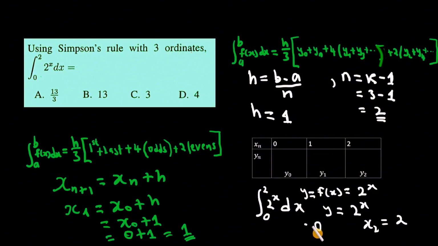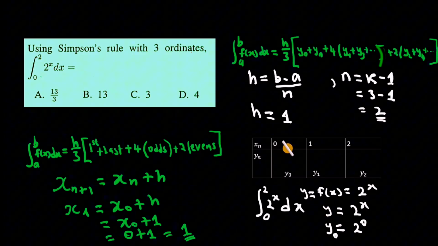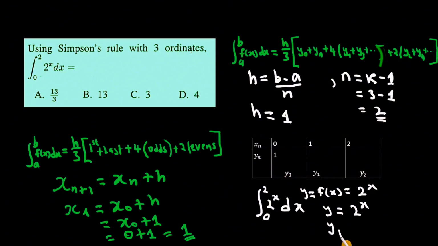Now I've obtained the x values. I need to obtain the y values. You know, y equals 2 to the x. Here the corresponding y value is 2 to the power 0, that is y0 is equal to 2 to the power 0, since the x value here is 0. In the place of x, I put 0, and 2 to the power 0 is 1, so here I'll write 1. y1 is equal to 2 to the power 1, since the value of x here is 1.